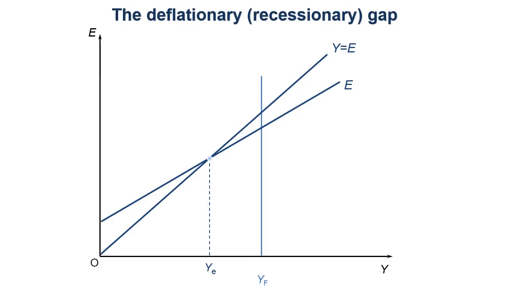Then we can say that at capacity, at YF, there is a gap. And that gap is given by the distance AB, which is the deficiency of demand, or the amount that expenditure is below actual output. This is known as the deflationary gap.